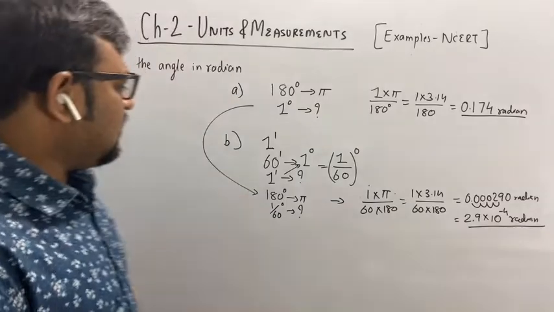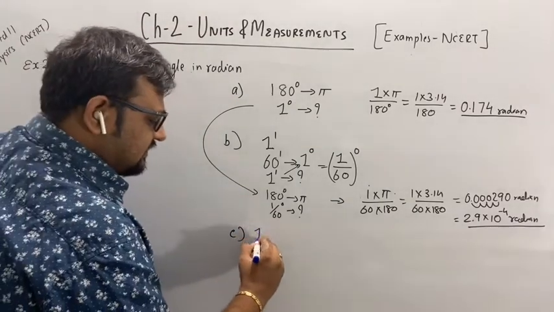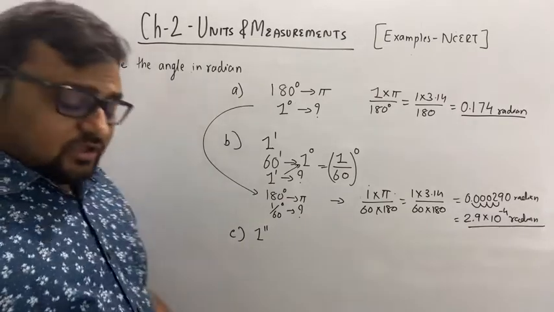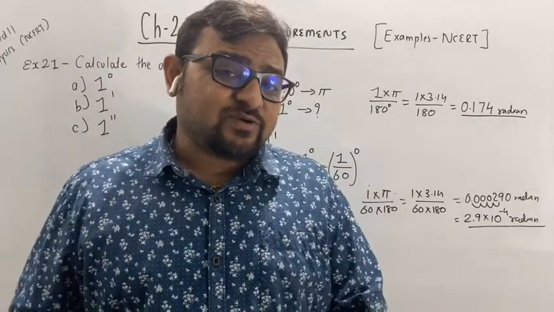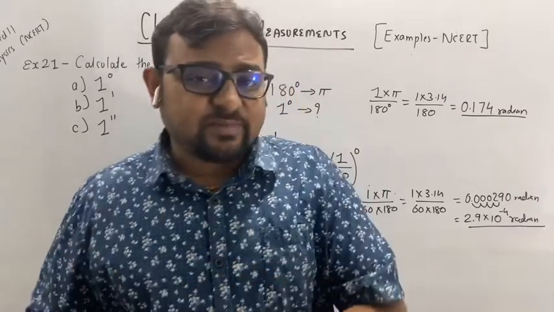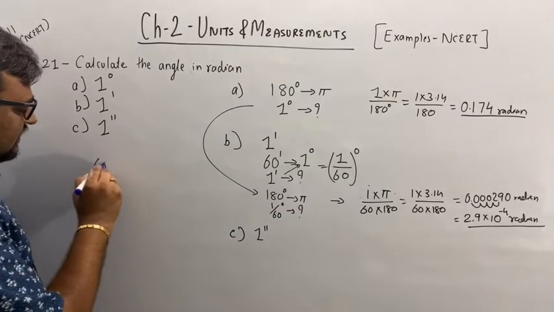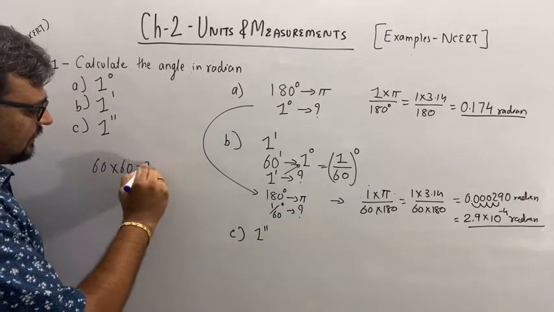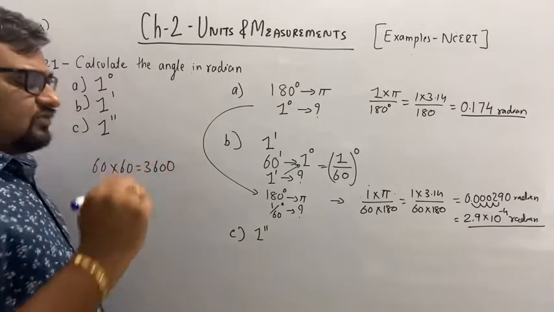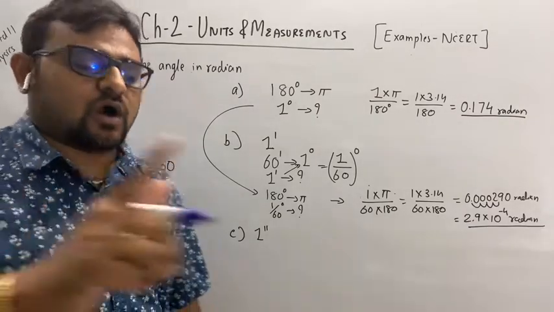Clear? Now the third one, C, 1 second. How many seconds equal 1 minute? 60 seconds is 1 minute, and 60 minutes is 1 degree. So 60 into 60 is 3600. This is the direct conversion of second to degree.